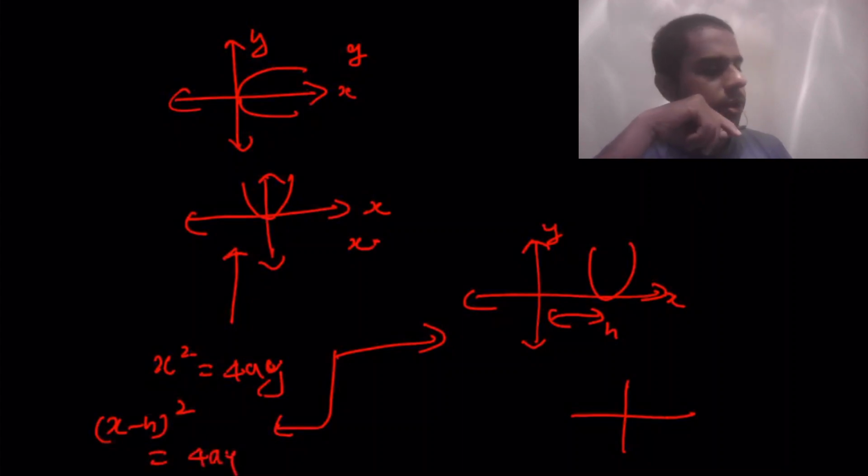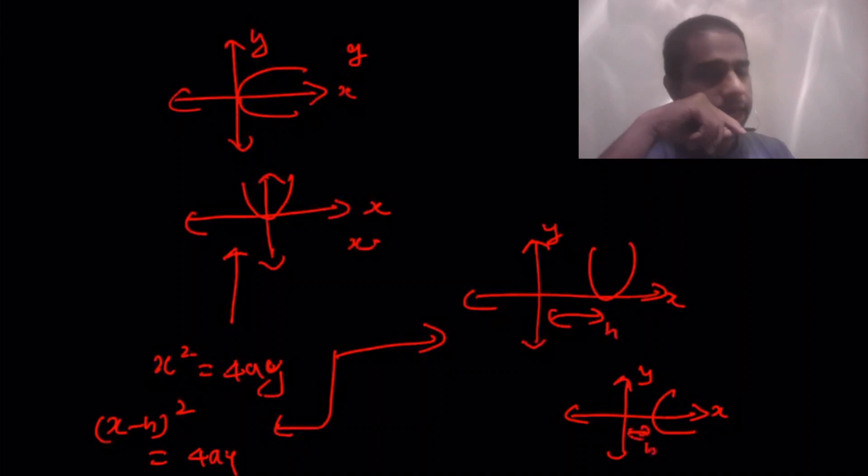And if you have a parabola like this, you can have the equation, if it is displaced by some distance h again in x direction, y square equal to 4a x minus h.